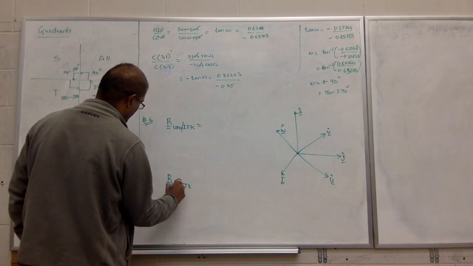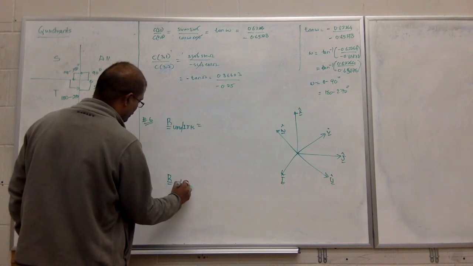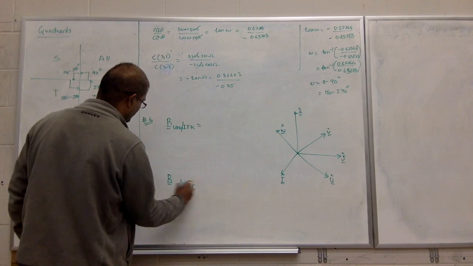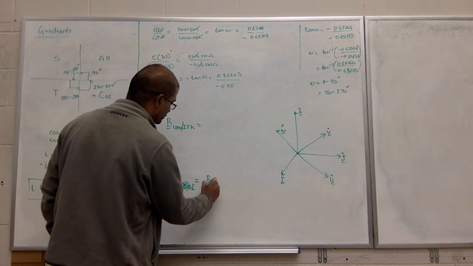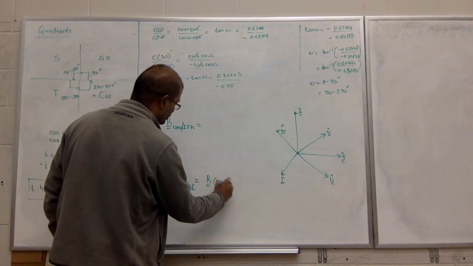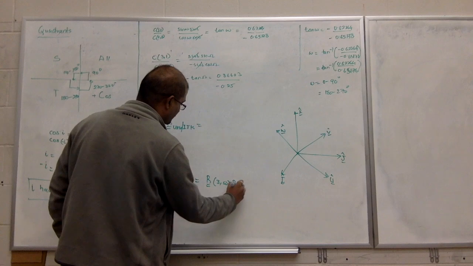It's a 3, 2, 1. You remember this, right? What is this? 3, 1, 3. It is R3 small omega, right?